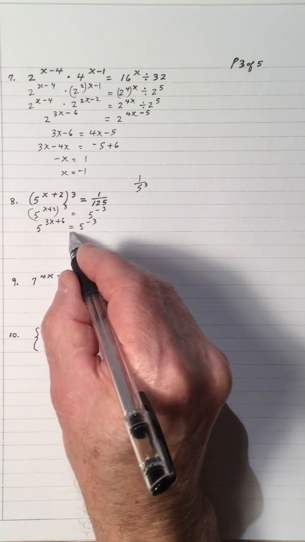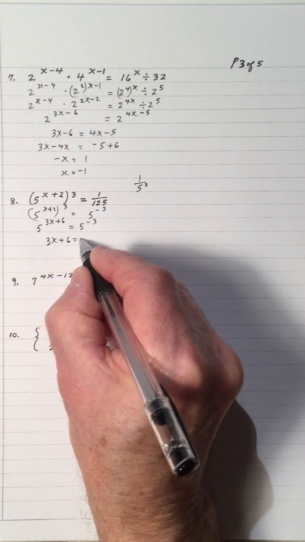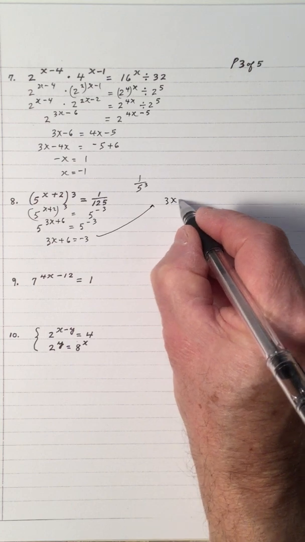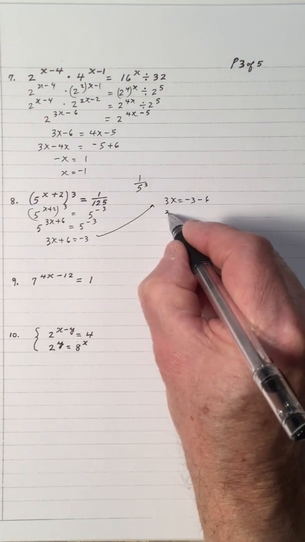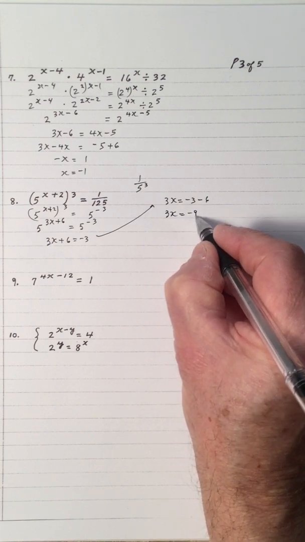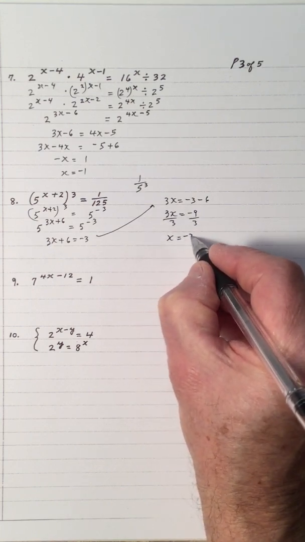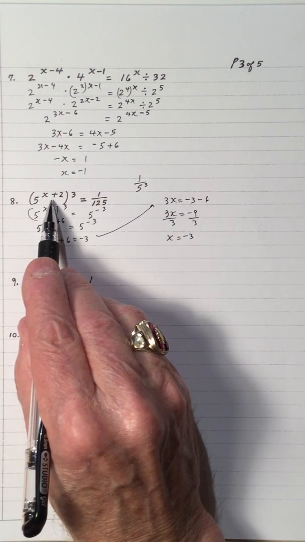We have the same base of 5, so 3x plus 6 equals negative 3. That means 3x equals negative 3 minus 6. 3x is negative 9. Divide by 3. x equals negative 3. And again, sub in negative 3 and check it out.